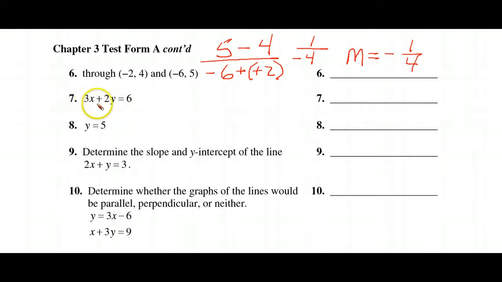Now, when we see something like this in standard form, and they're asking us to find the slope, the best formula for that is slope-intercept. So I'm going to solve for a positive y. I'm going to bring the 3 over. Now I'm going to divide everything by 2.